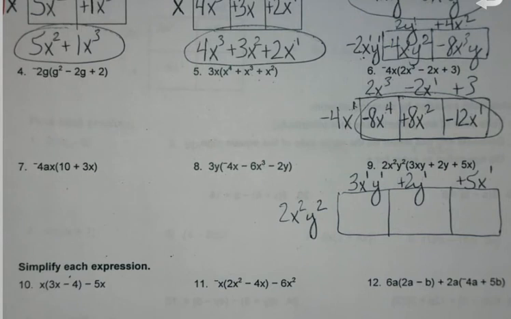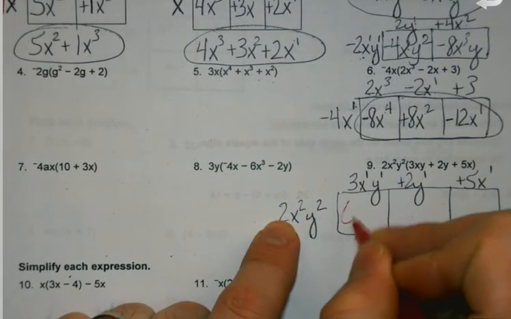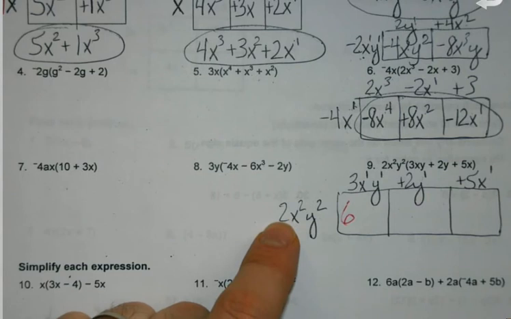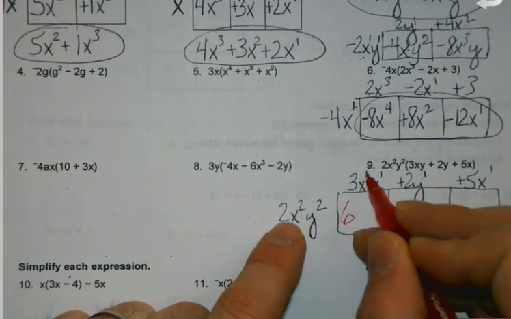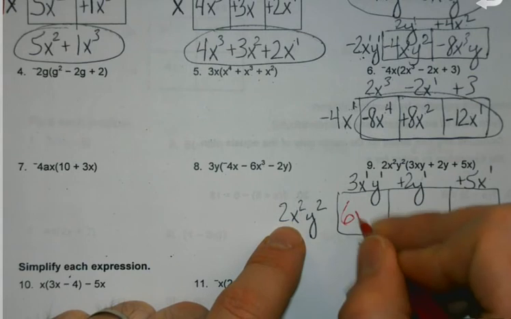And again, as you start to fill in the box, multiply the numbers in front, add your exponents on your like variables. So 2 and 1 is 3.